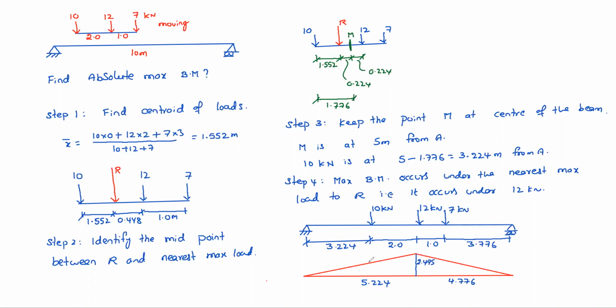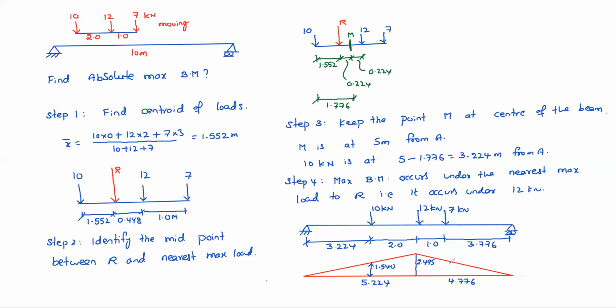Accordingly, you can work out here 2.495 into 3.224 divided by 5.224. This is the ordinate, 1.540.